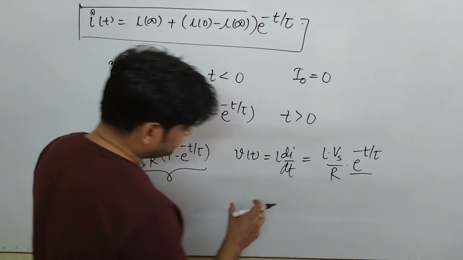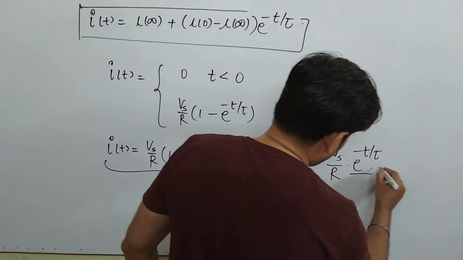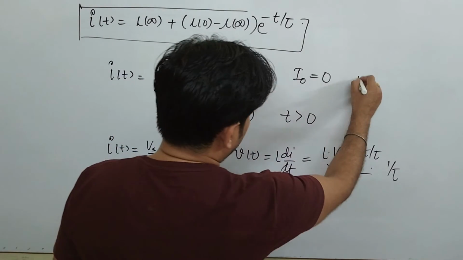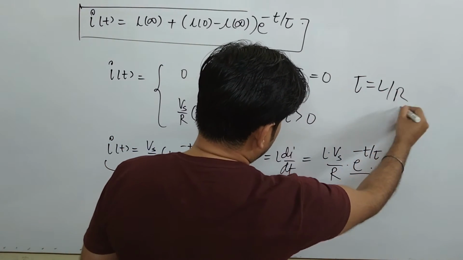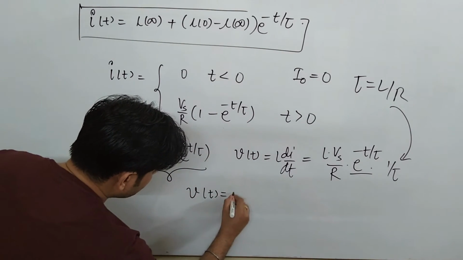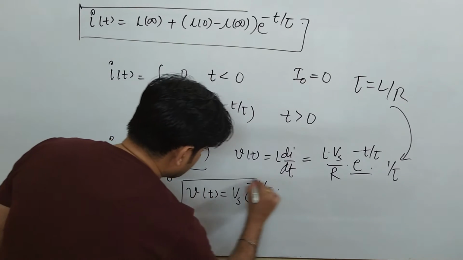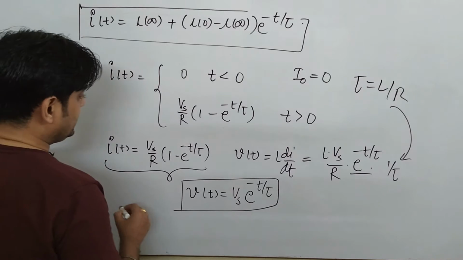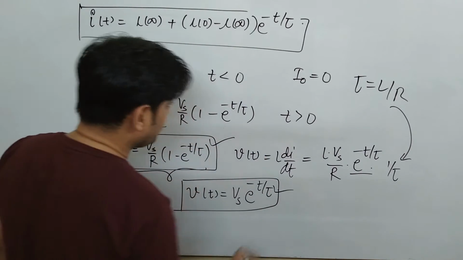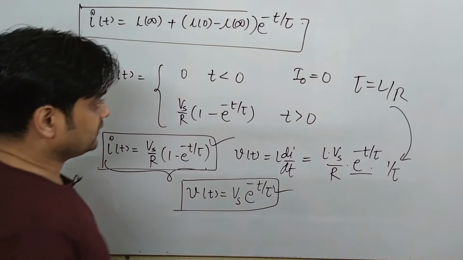Tau is L by R. If you put this value here, the value of V(t) comes to be Vs e to the power minus t by tau. So this is the value of current and this is the value of voltage, okay, in case of inductor.